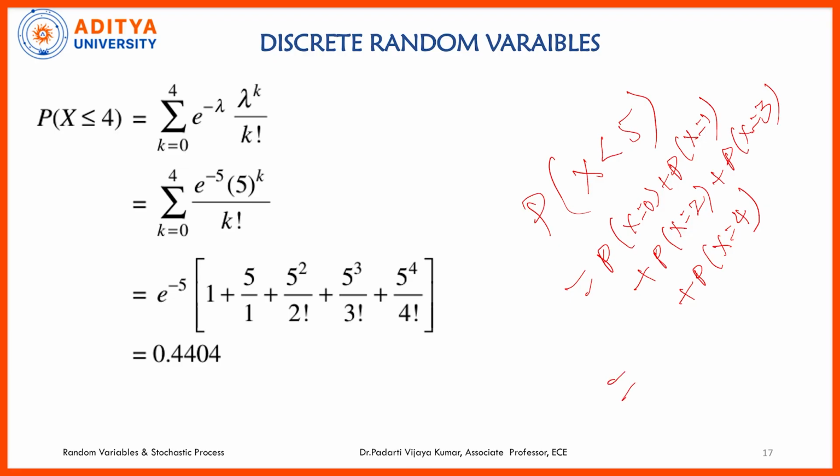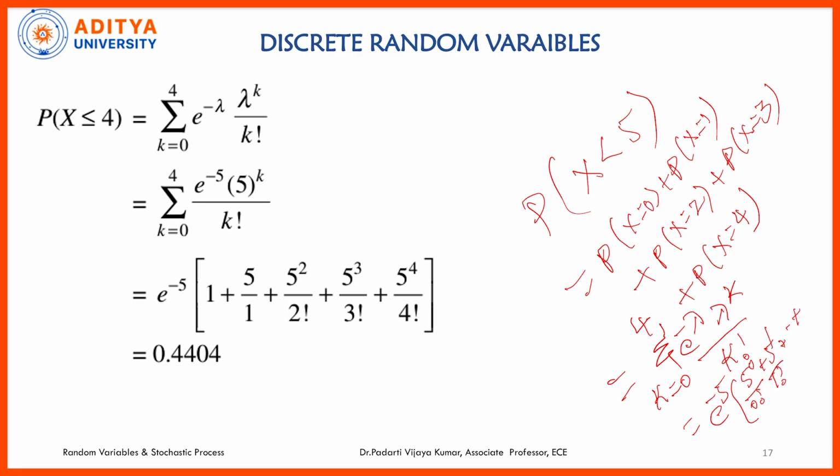So this can be written as summation k is equal to 0 to 4 e power minus lambda, lambda power k by k factorial. So here average value is e power minus 5, 5 power 0 by 0 factorial, 5 power 1 by 1 factorial plus and so on, 5 power 4 by 4 factorial.